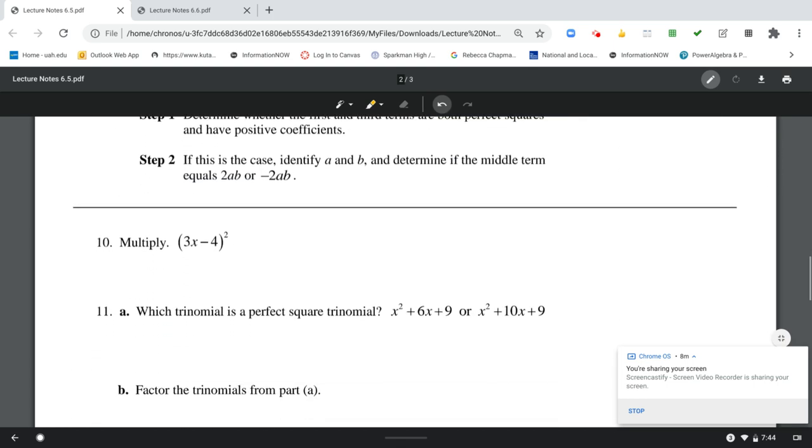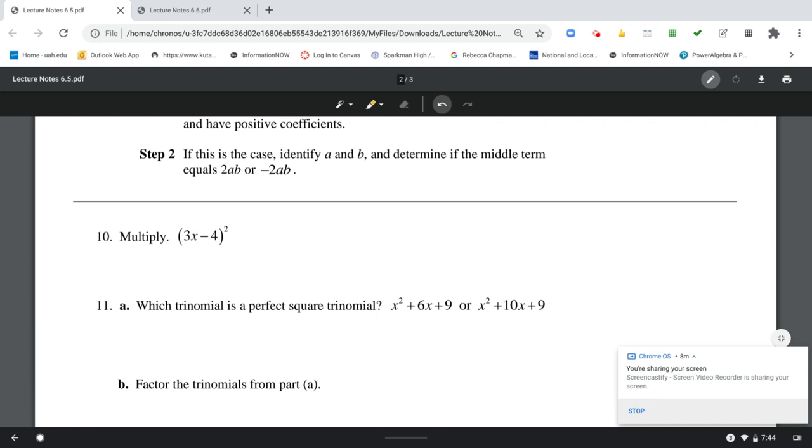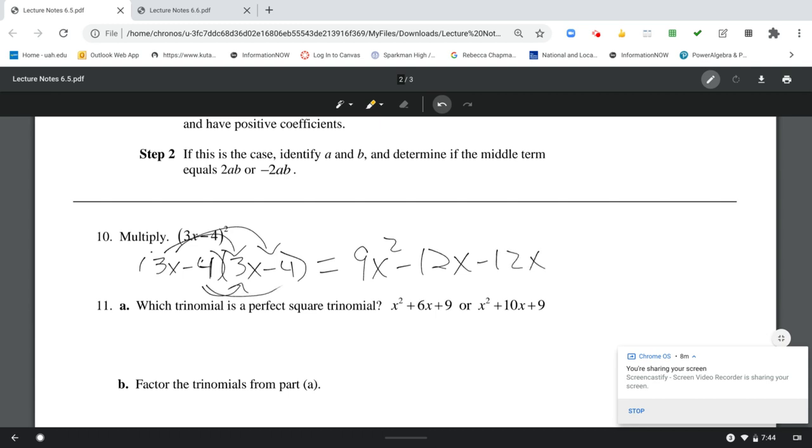Okay? So, if I were to multiply this together, I would just do 3x minus 4 times 3x minus 4. And I would FOIL that out, just like you would. Notice in the middle, my first term gives me 9x squared. I get a negative 12x, but then I get a second negative 12x, and then the plus 16 at the end.